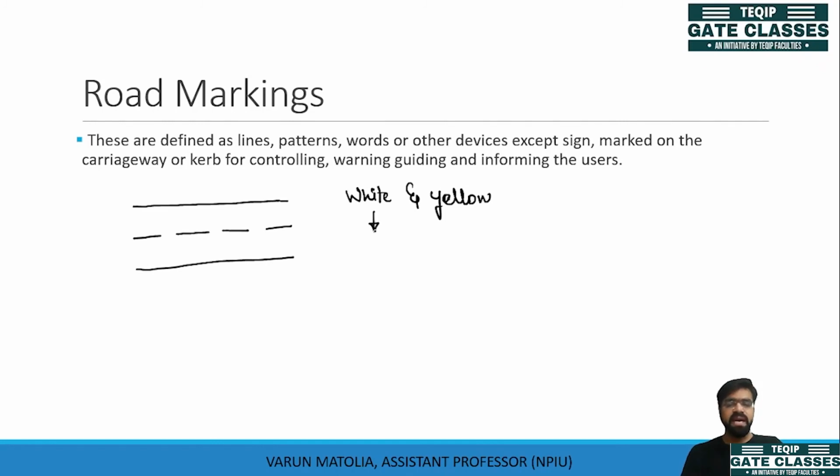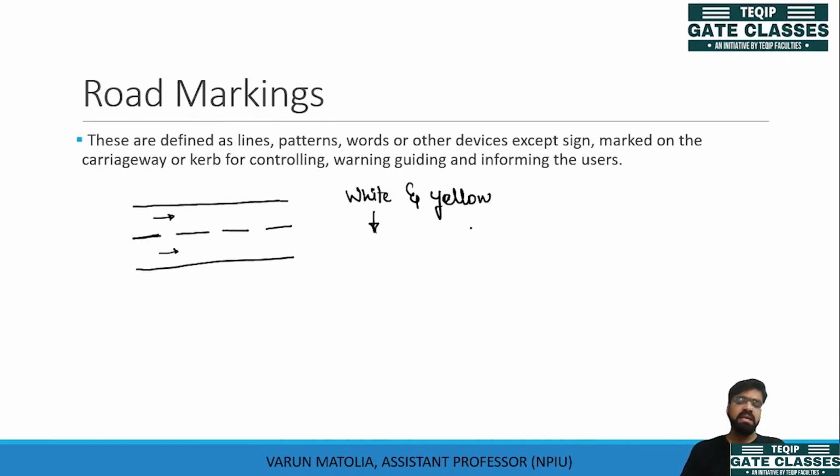If it is white, this means these markings are provided to separate vehicles in the same direction. We have seen white dash lines in between. This means the vehicles which are moving in adjacent lanes in the same direction are separated with this white line.